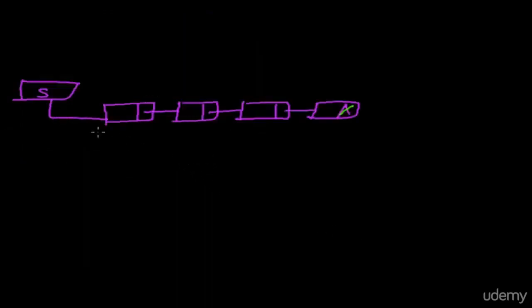Now say this is a linked list with nodes number 0, 1, 2 and 3, and the link part of 3 is null. We want to insert a new node here. So what we will do, we will take a temp node, we will copy the address of this second node, but this address is present in the link part of the first node. So we will copy the link part of the previous node, that is the first node, into the link part of the temp node.